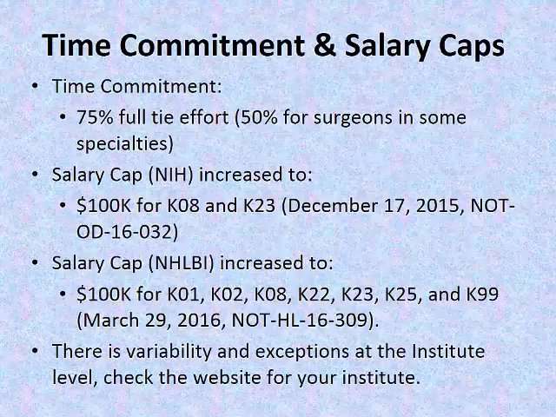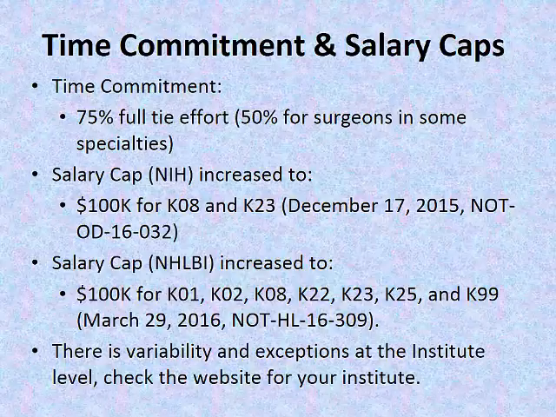So what about time commitment and salary caps? I get a lot of questions about this. For virtually all of the K awards, you have to show that you have 75% protected time to do the research, okay? Now, they make some exceptions for people in the procedural specialties.